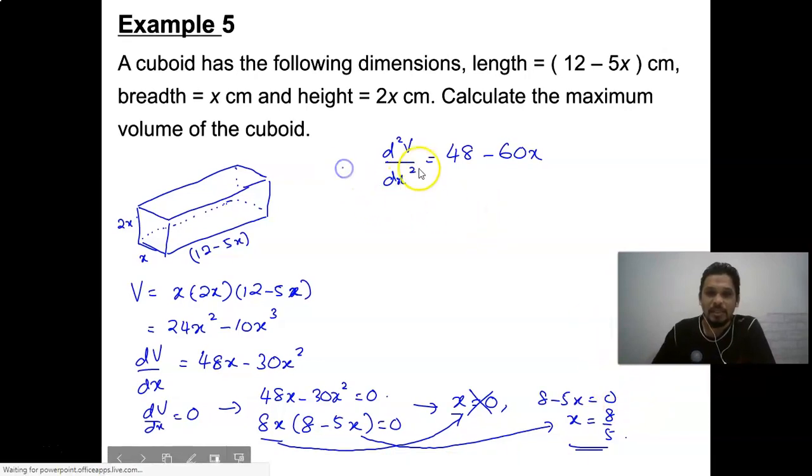Once we found the second derivative of V with respect to x, 48 minus 60 times x, then we substitute this value of x.